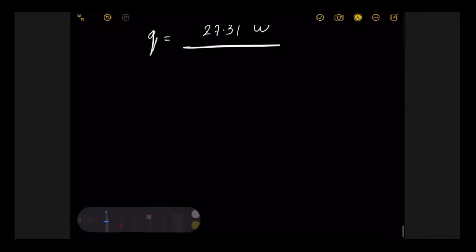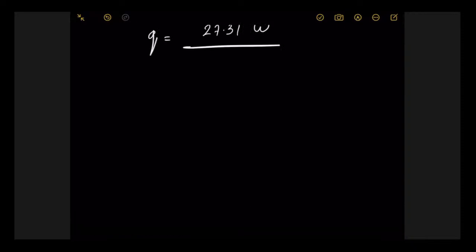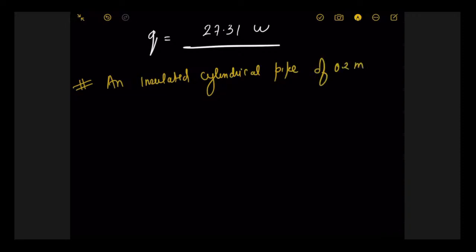Next question. An insulated cylindrical pipe of 0.2 meter diameter has a surface temperature of 115 degrees centigrade.